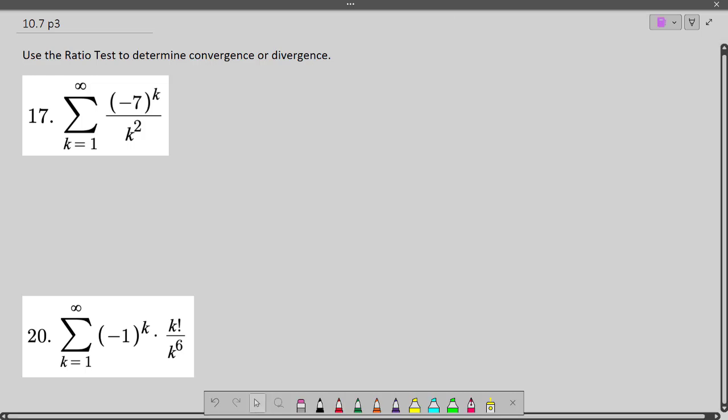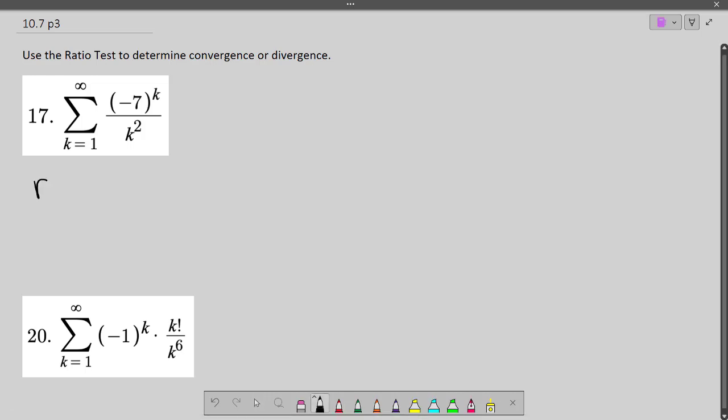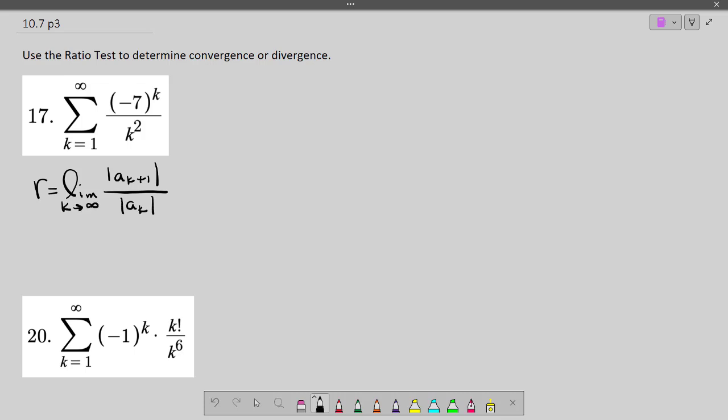So similar here, we're going to find our R value by taking the limit of absolute a sub k plus 1 over absolute a sub k as k goes to infinity. And so as soon as we take the absolute value, that switch is gone.